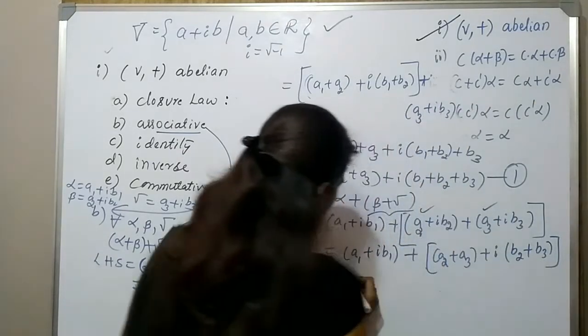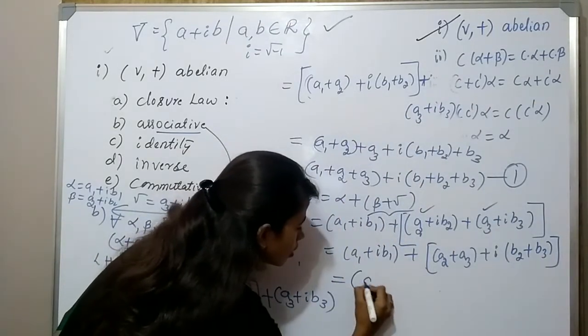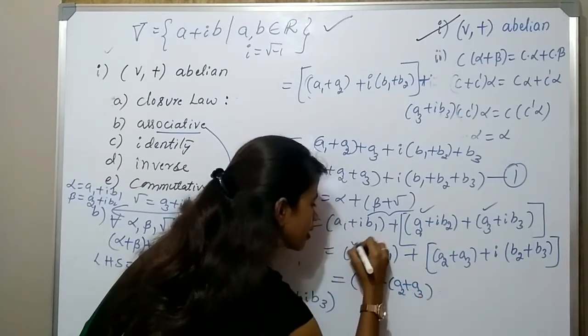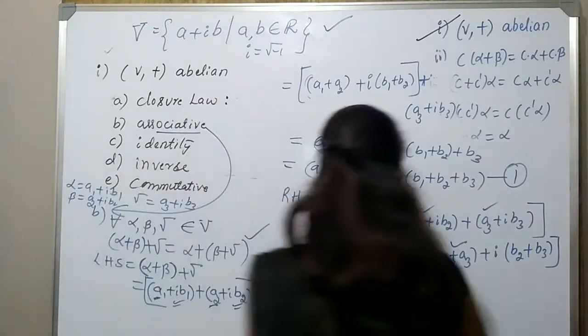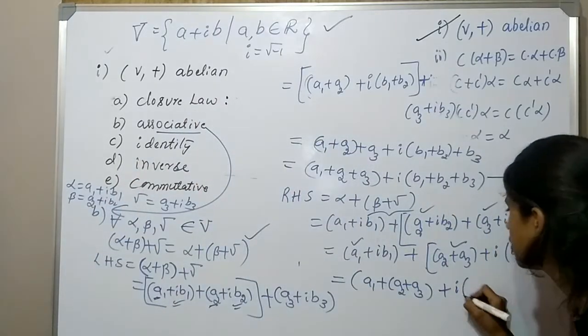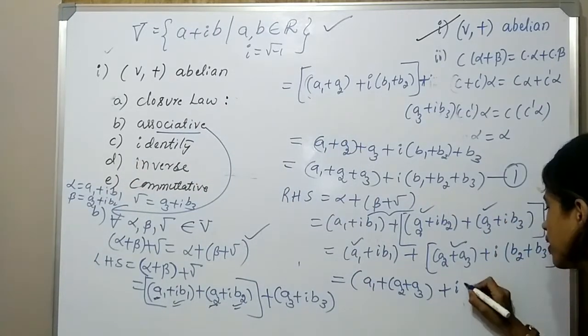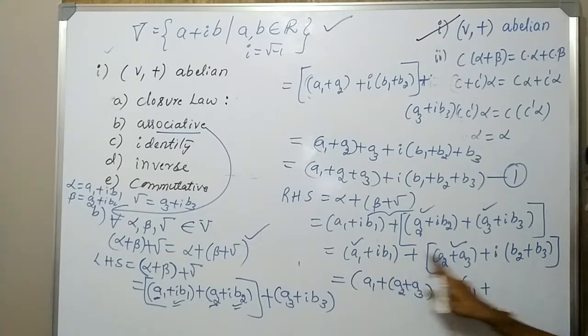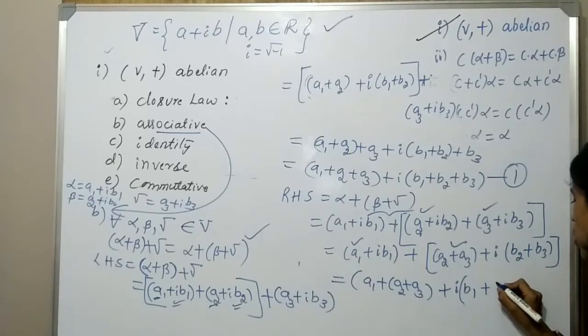Now because of this sign, I am taking A1, A2 plus A3, that is the real part. Then plus i into the imaginary part, that is B1 plus B2 plus B3.